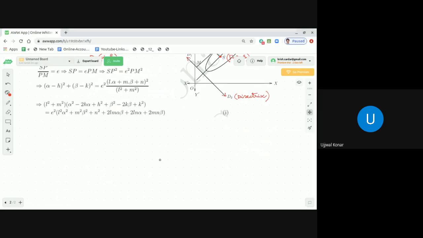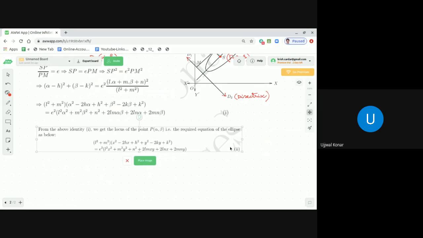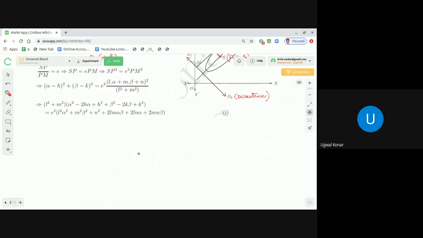I'm going to show it to you. Dear students, I hope it is clearly understandable. So that is what we understood from the locus.